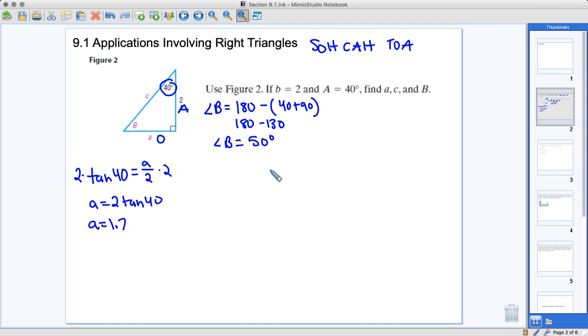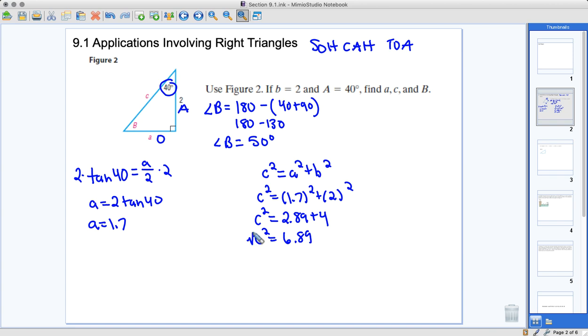Then to find little c, you can use the Pythagorean theorem. So c squared equals 1.7 squared plus 2 squared. 1.7 squared is 2.89, and 2 squared is 4.